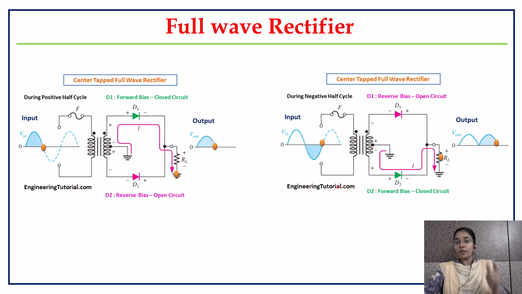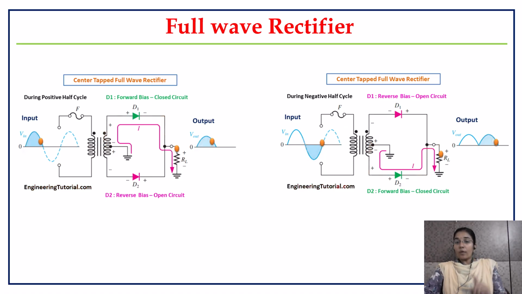Initially for the positive half cycle, diode D1 was with positive polarity and diode D2 was with negative polarity. Now I am moving from the positive half cycle to the negative half cycle. When I am moving from positive to negative, the polarity for diodes D1 and D2 will also change. So diode D1 changes from positive polarity to negative polarity, and diode D2 from negative polarity to positive polarity.